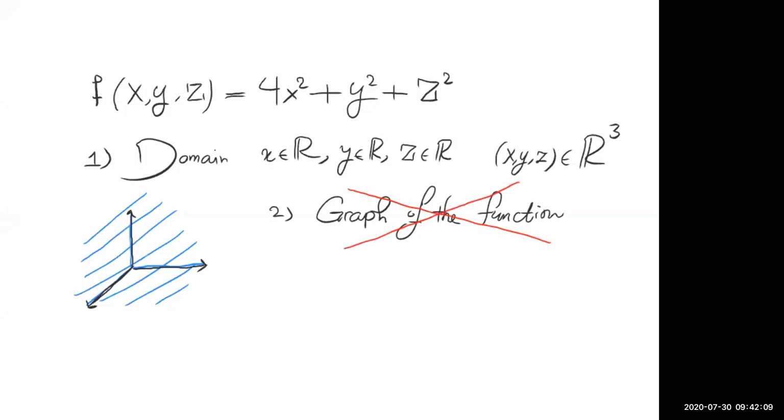There are more beautiful things, I'm sure, in four-dimensional space, which we can't see. That's very unfortunate. Anyway, although we can't see the graph of the function, instead of that, we can see the level surfaces rather than level curves.